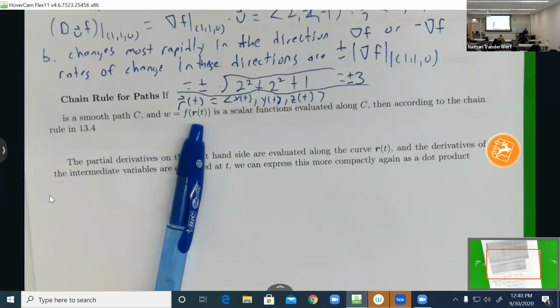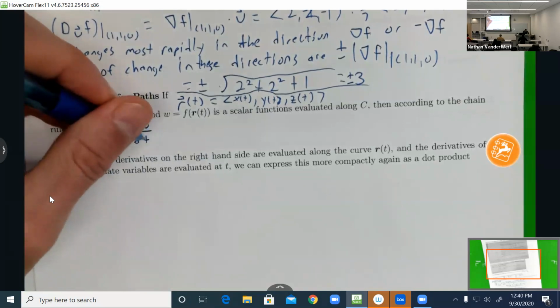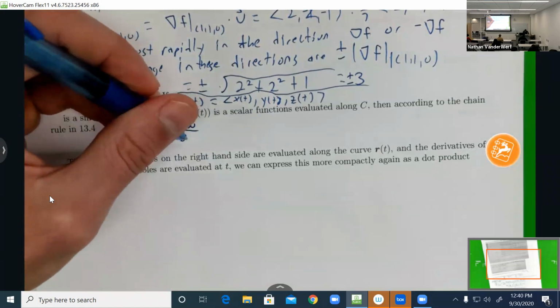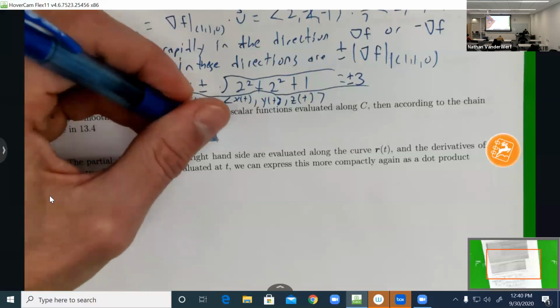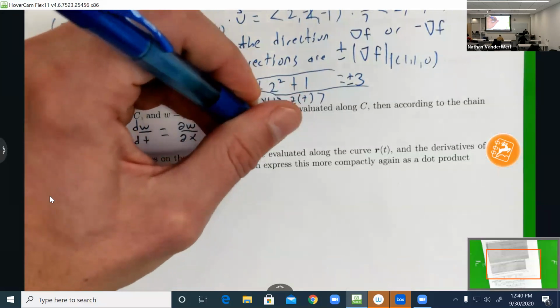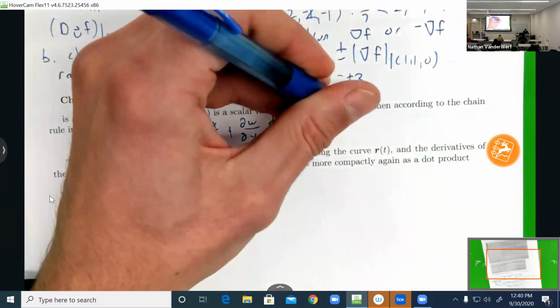That just means f is becoming a function of time instead of x, y, and z. Then the chain rule told us that dw/dt is going to be partial w over partial x, dx/dt, plus partial w over partial y, dy/dt, plus partial w over partial z, dz/dt.